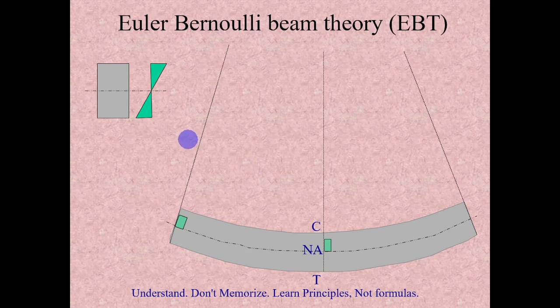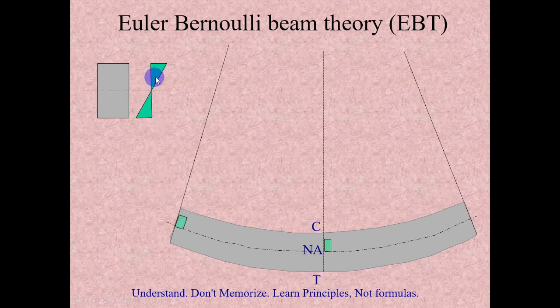The difference is the cross section. If you see here, the vertical line is before bending. Once load is applied, after bending, this is the deformed plane. This is called the neutral axis, where there is no strain. Compressive strain means it is the compression zone, and tensile strain is called the tension zone.